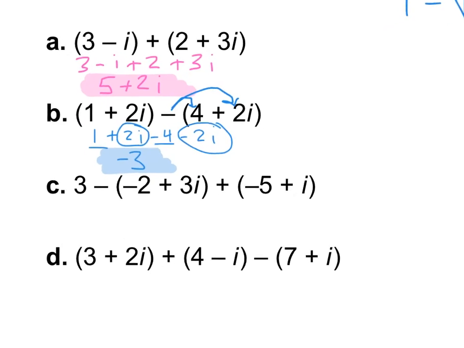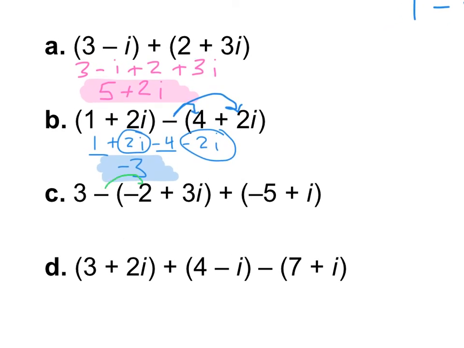All right, C. So here we have to distribute the negative. So we have 3 plus 2 minus 3i minus 5 plus i. So we need to combine our whole numbers together, our real numbers, and then we combine our imaginary numbers.